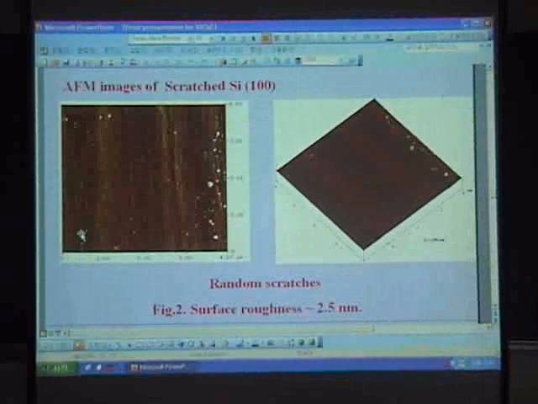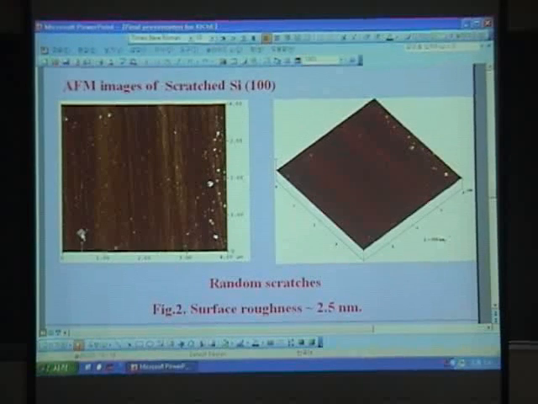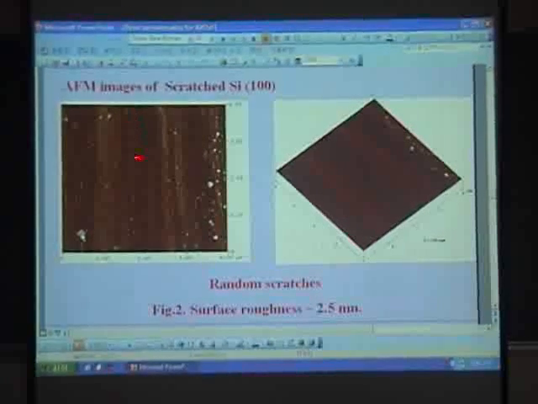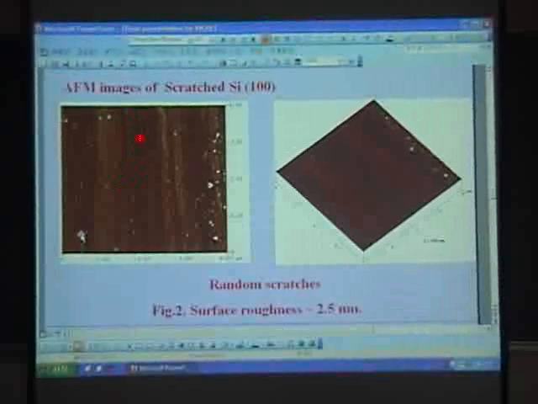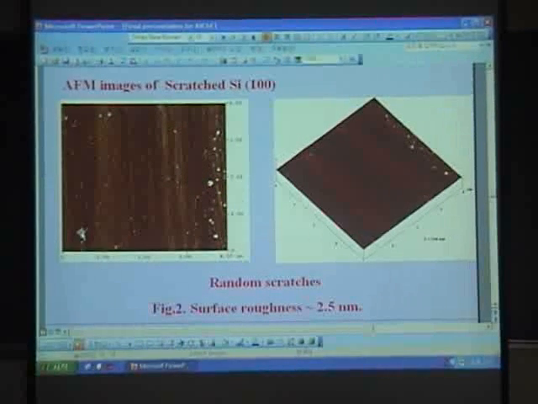As far as results and discussion are concerned, from the atomic force microscopy image of the scratched sample without deposition, we can see that the surface is randomly scratched, and we can also see particles here.